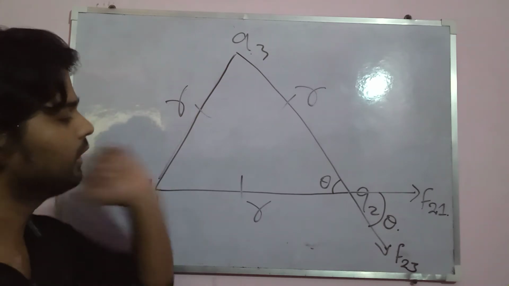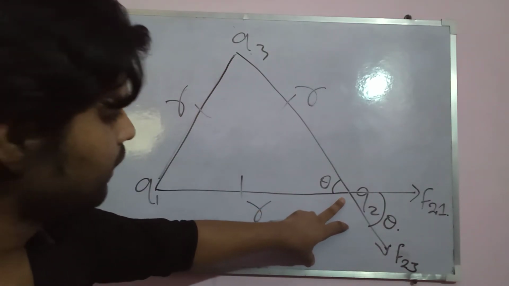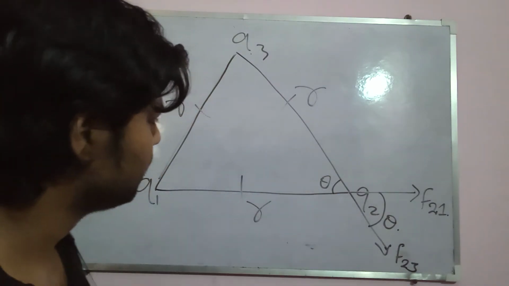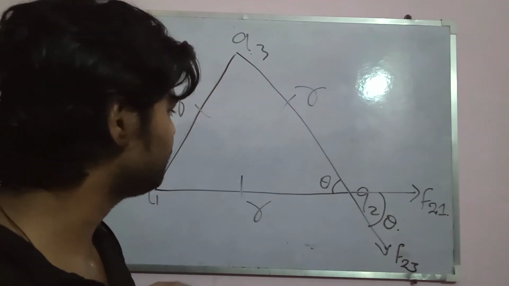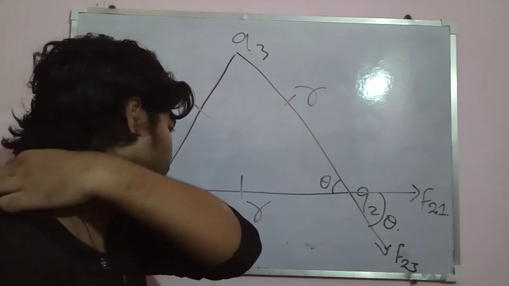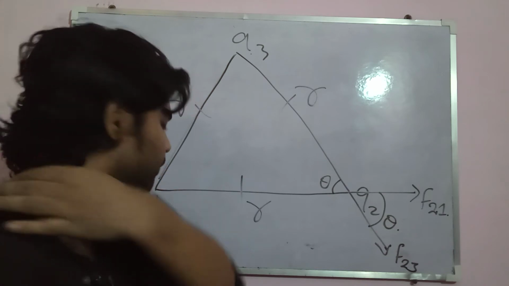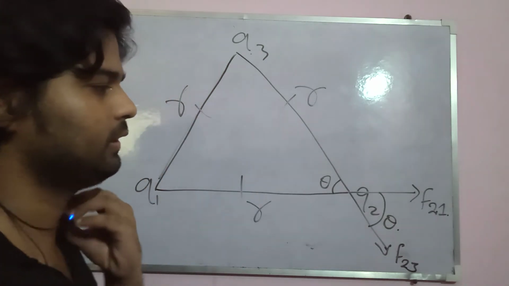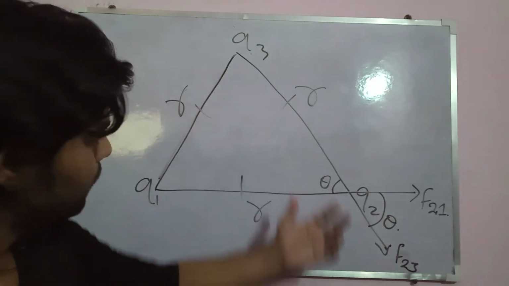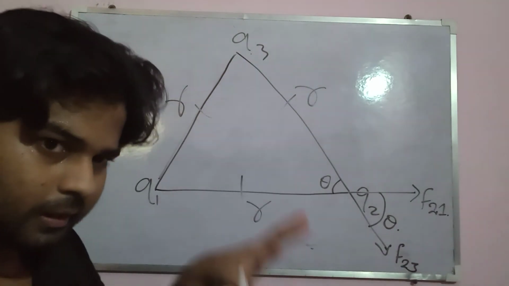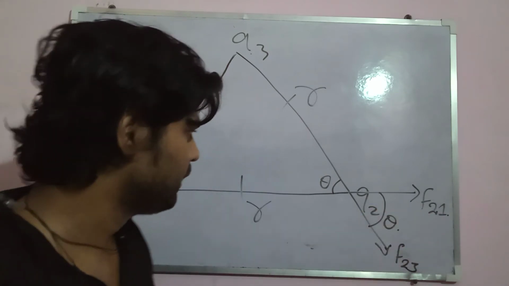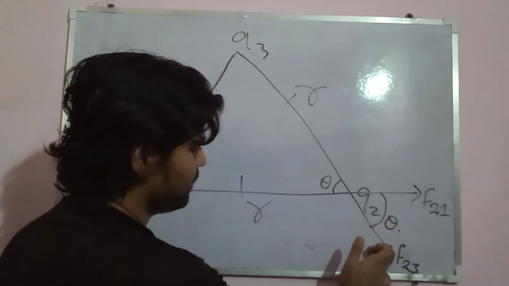All the three sides are equal. So what I conclude here is that the force on Q2 by Q1 and Q3 is the resultant force of these two forces. So I'll have to find the resultant of these two forces.